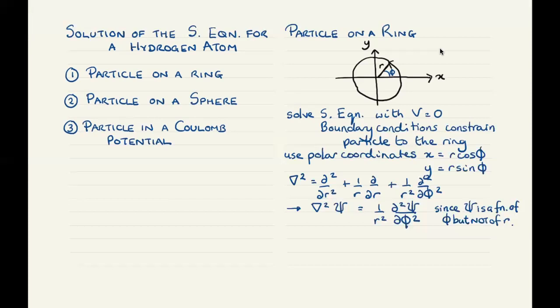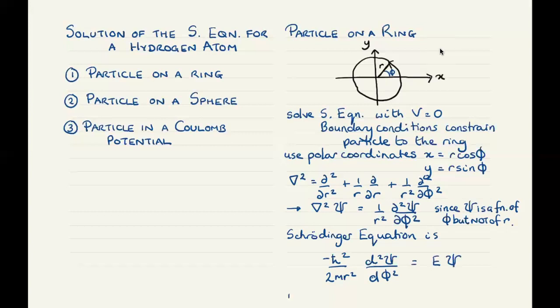So we can write down our Schrödinger equation: minus h bar squared over 2m r squared d2 psi by d phi squared is equal to E times psi.